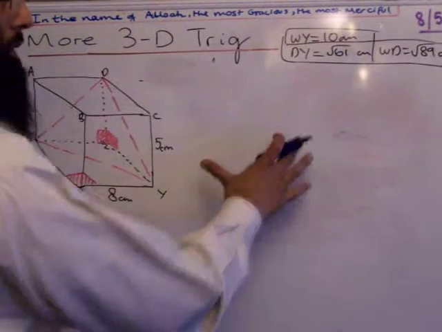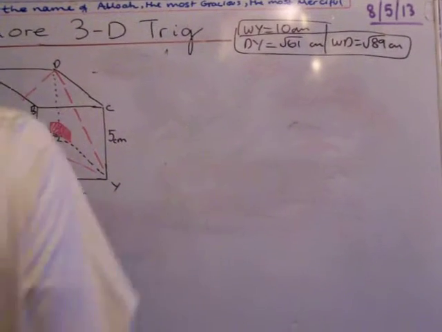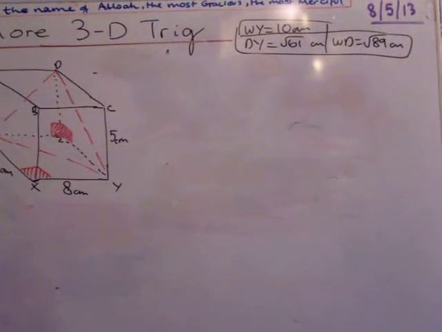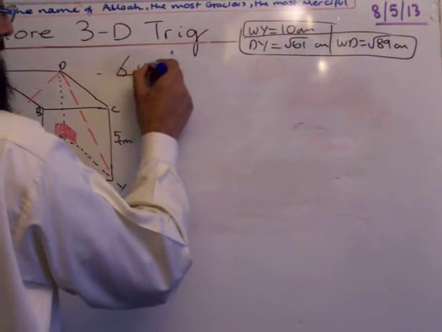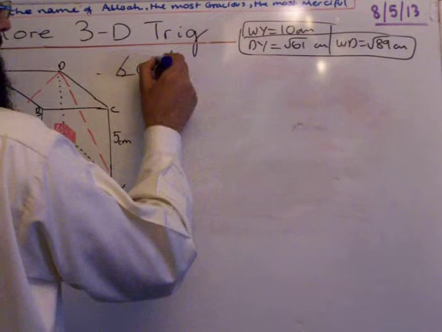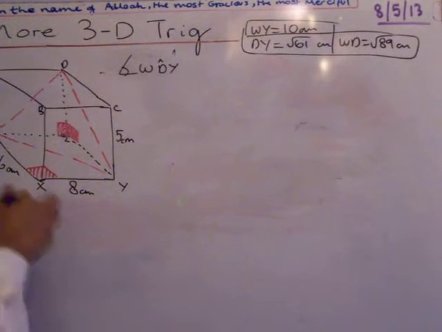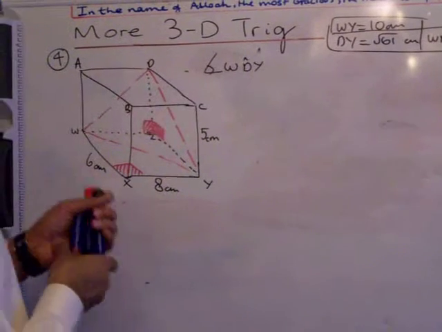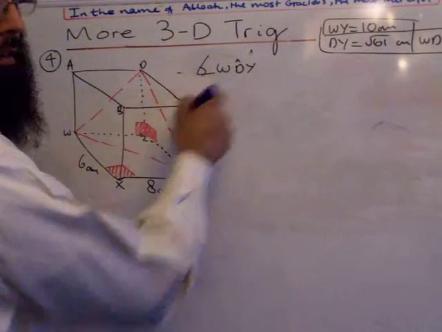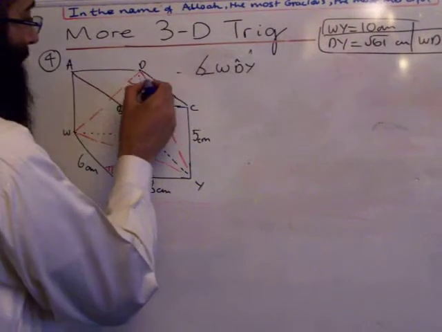Okay, focus on this over here. The next question is asking us to work out the angle WDY. For the angle WDY, you have to look at D, the middle one.